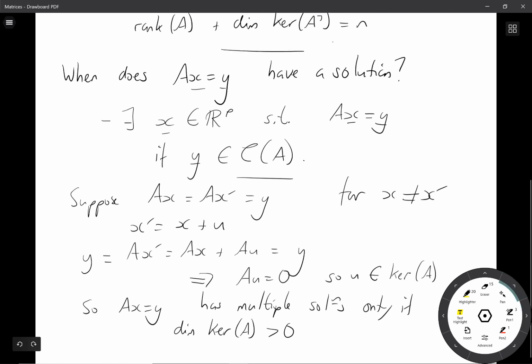If the dimension of the kernel is 1, then we have a line of solutions to Ax equals y. If the dimension of the kernel is 2, we have a plane of solutions, and so on.